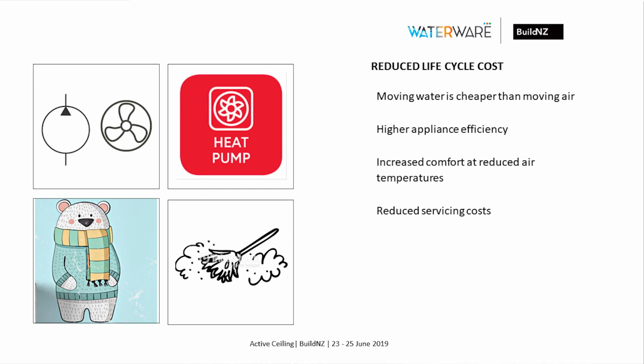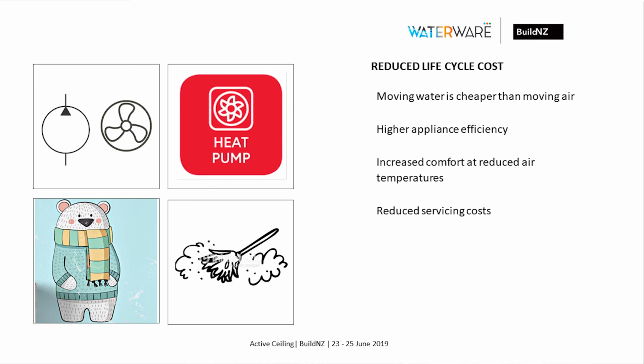The other saving is you get a higher level of comfort with a radiant system than you do with an air-based system at a lower indoor air temperature. If you're in an air convection-based system, to be comfortable in winter, typically your room temperature has to be 23, maybe 24 degrees depending on the person and depending on the solar, the radiant coming through the windows.